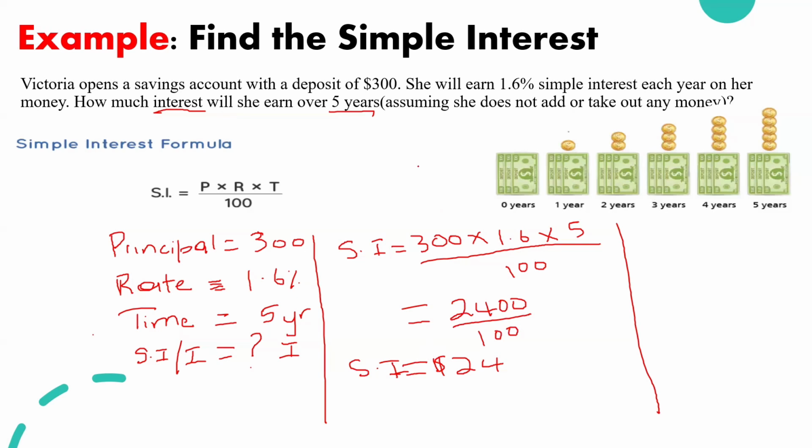So it will be the 300 that she deposited along with the interest applied over 5 years, which is $24. So the interest she will earn over a 5 year period is $24. And that is how you calculate simple interest using the formula.